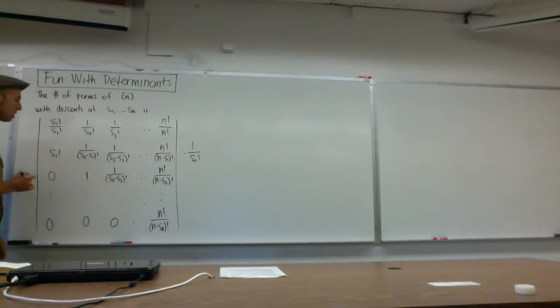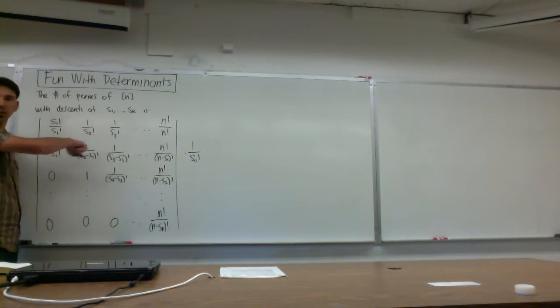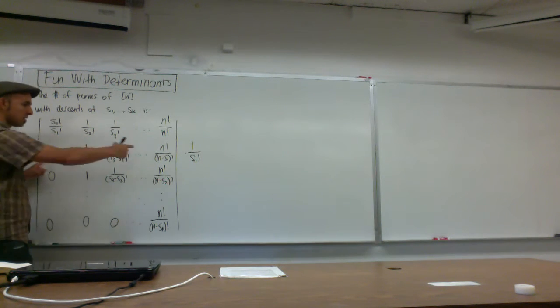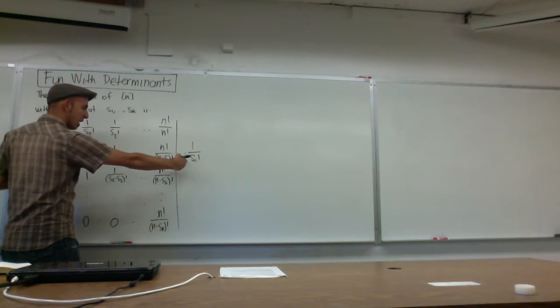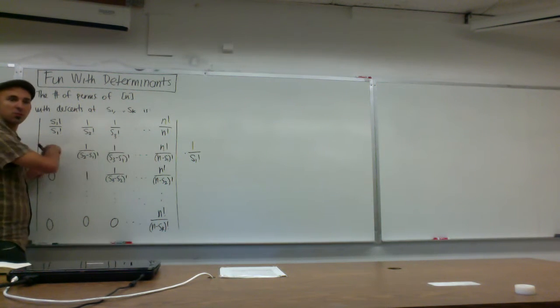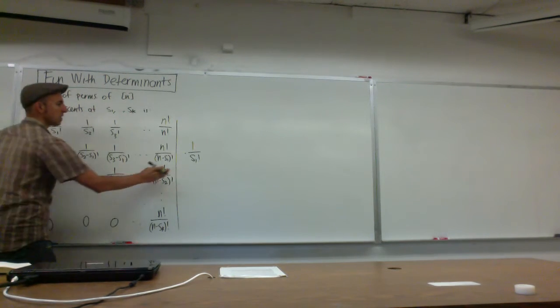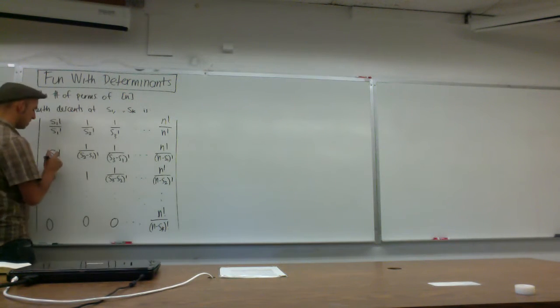Okay? But actually, what I'm going to do is take this 1 over s1 factorial and bring it into this row. Instead of multiplying it outside, I'm going to multiply it in this row, which is not going to change the result. So I take it from out here, and I bring it in here.